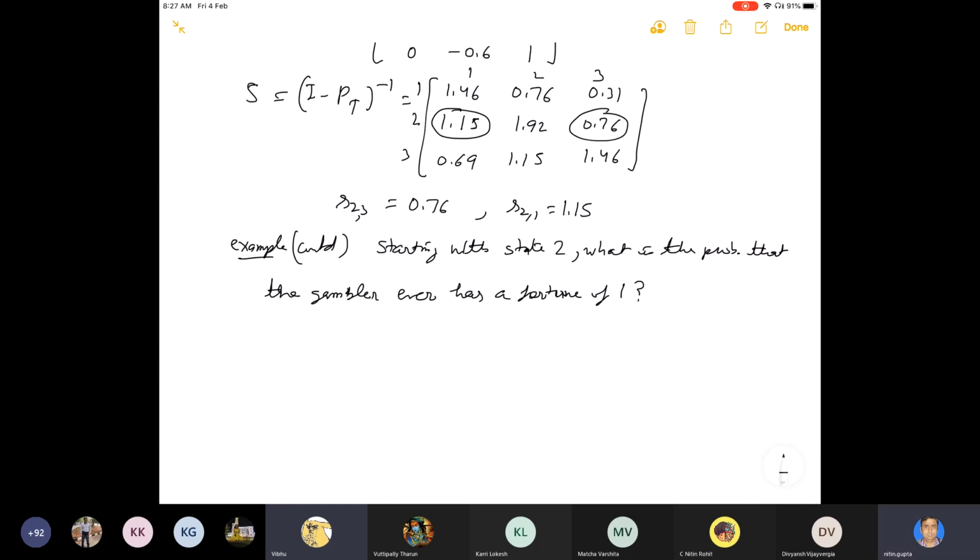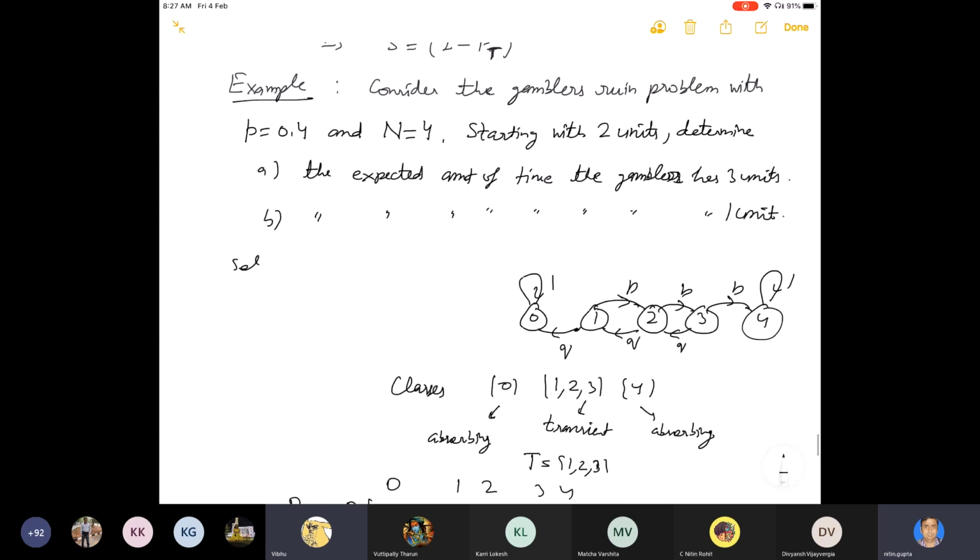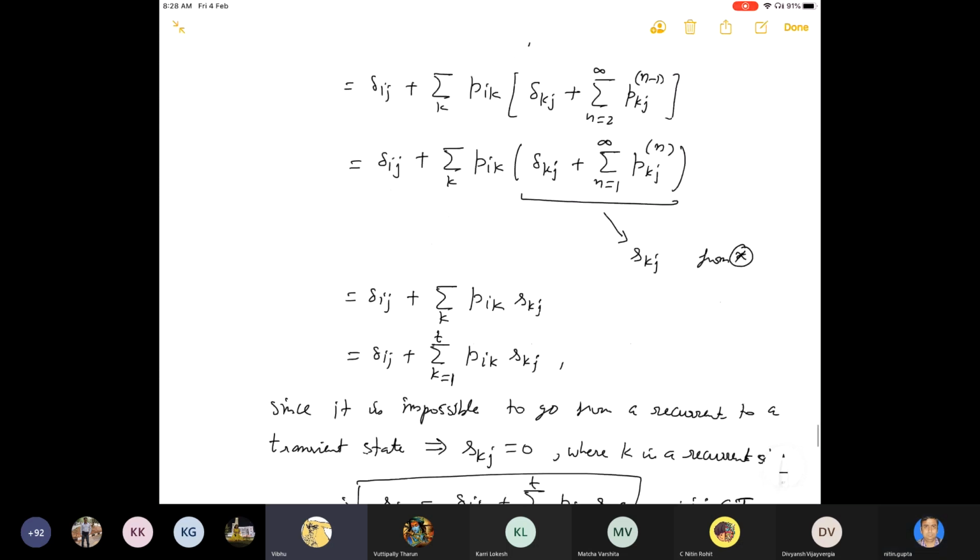Same example, continued. In the gambler's ruin problem, starting with rupees 2, what is the probability that the gambler has rupees 1? What we have to determine, can anybody tell in notation form? This is F21: starting with state 2, the first visit to state 1, or the gambler ever visiting state 1.